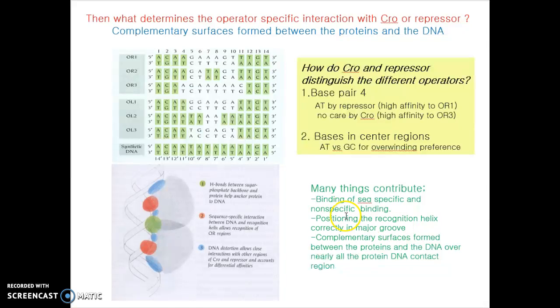Lastly, altogether could lead to what? Complementary surface formed between the proteins and DNA over nearly all protein-DNA contact regions. Not only to the proteins, but also to the DNA.